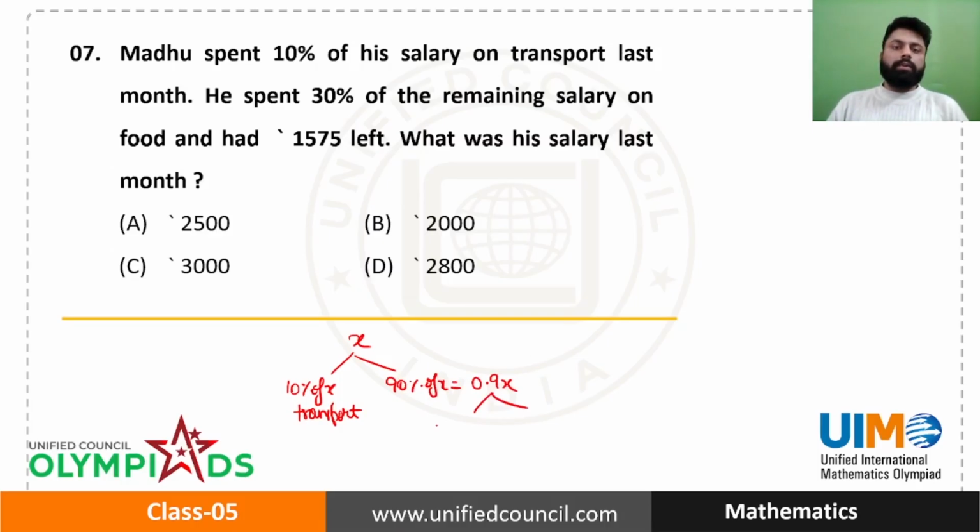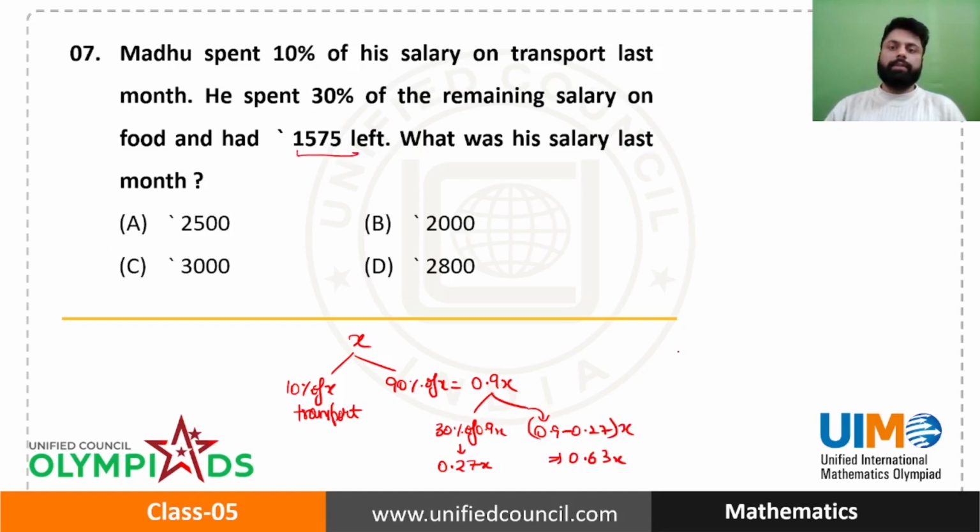Now 30% of 0.9x is equal to 0.27x, and the leftover part is 0.9 minus 0.27 x, that is equal to 0.63x.